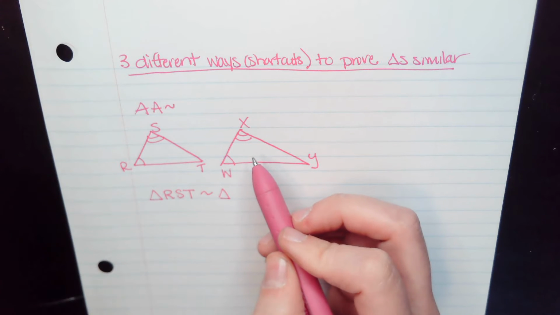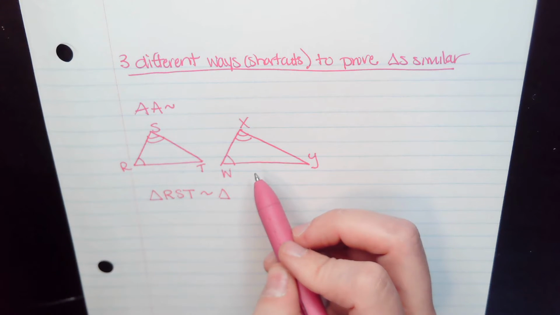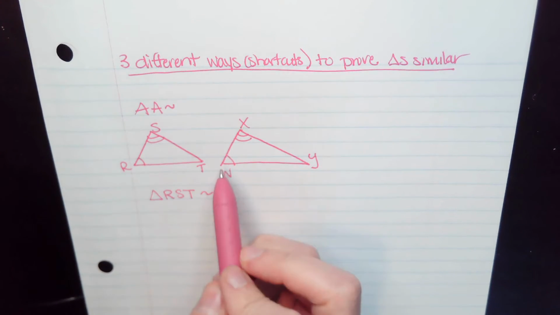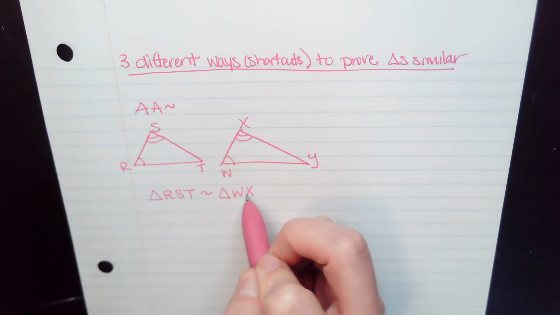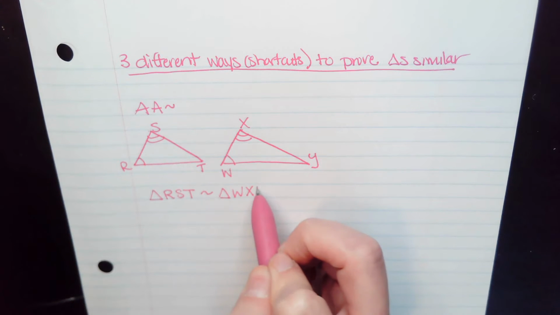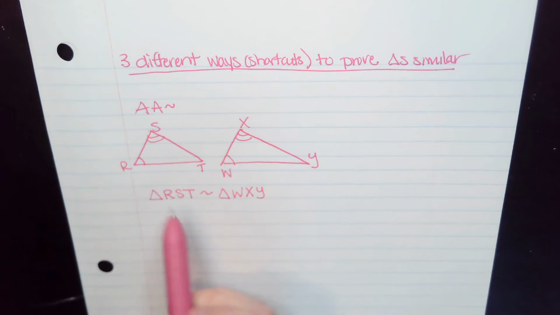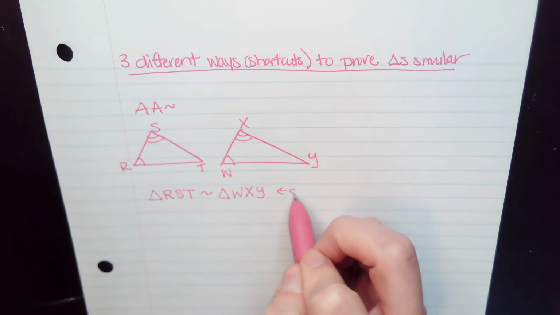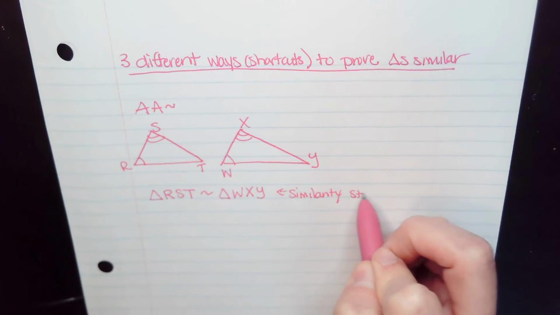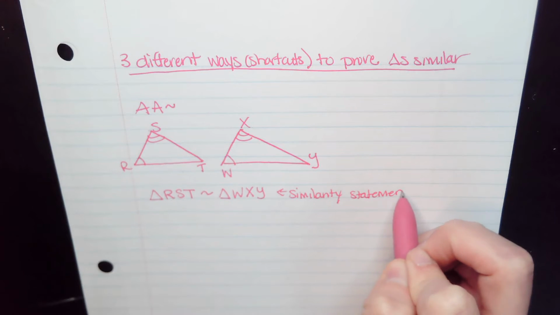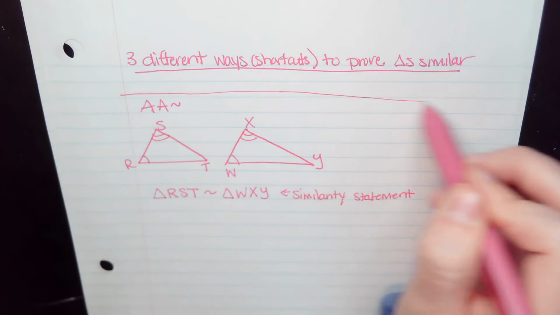And here's where it's really important to match up your corresponding vertices. So R needs to go with W. S needs to go with the X, which means T needs to go with the Y. So that would be your similarity statement right there.